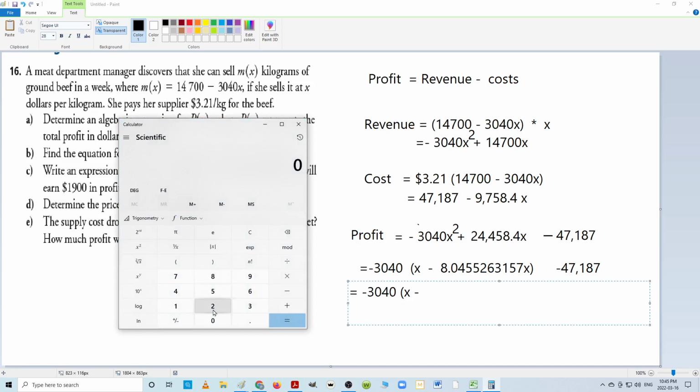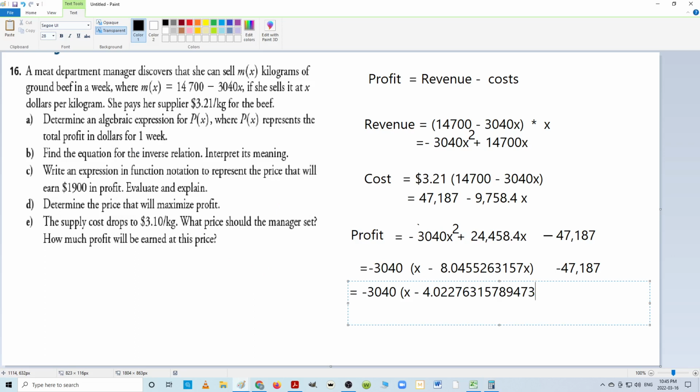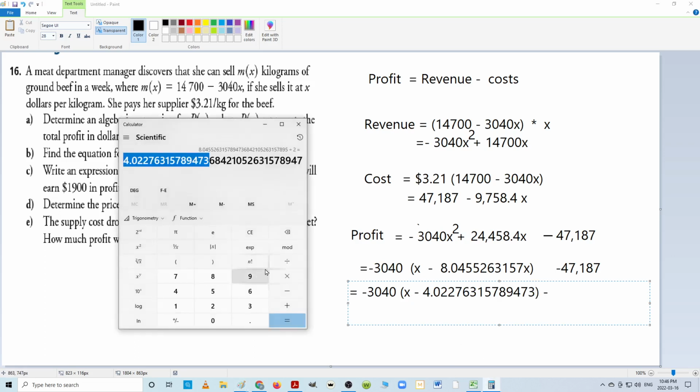So it's going to be 458.4 divided by 3040 and then divided by 2. We're just going to keep that around because the number that gets subtracted is that squared, which is that.